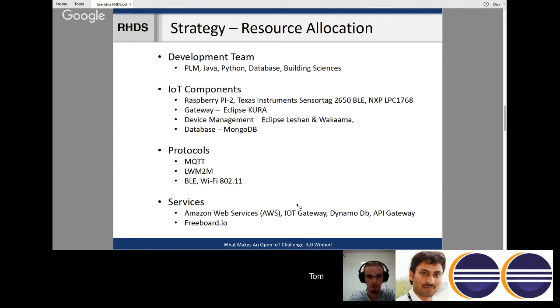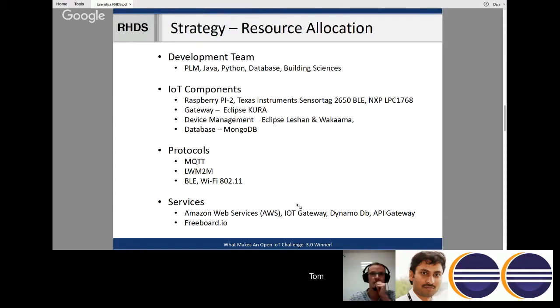In terms of protocols, we used MQTT, a pub/sub system. It's a lightweight messaging protocol, and that provided the communications between the IoT gateway and the cloud service. We used Lightweight M2M as the connection between our Leshan server and Wakaama endpoints. And we used BLE between the sensors and the Kura gateway, and then of course a little bit of Wi-Fi in there as well.